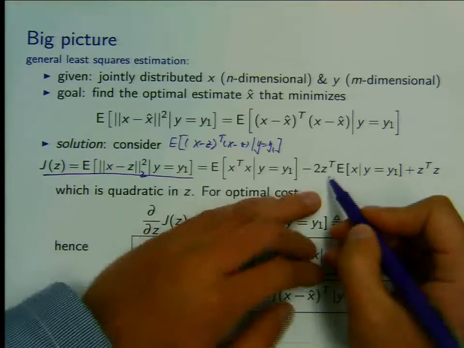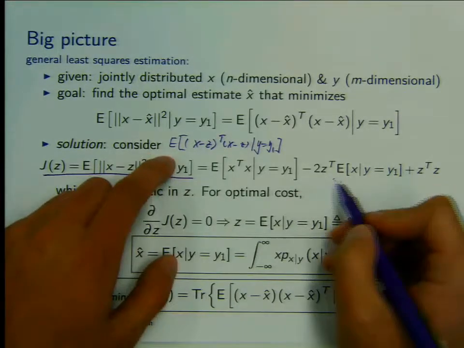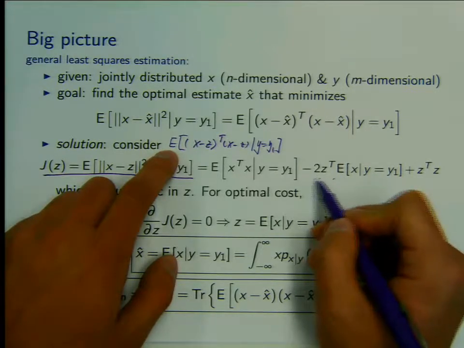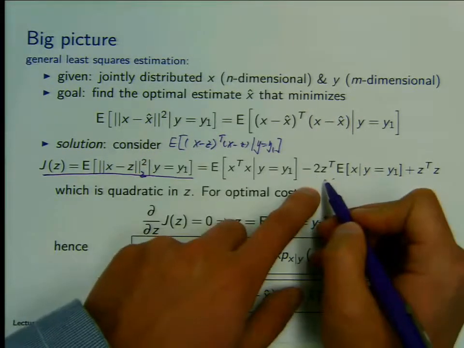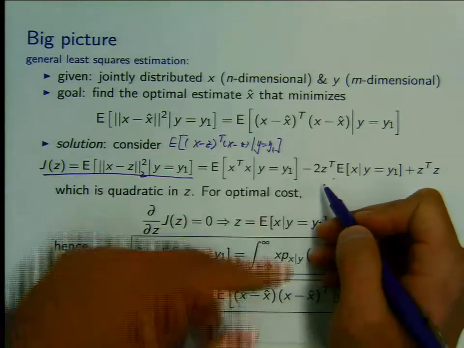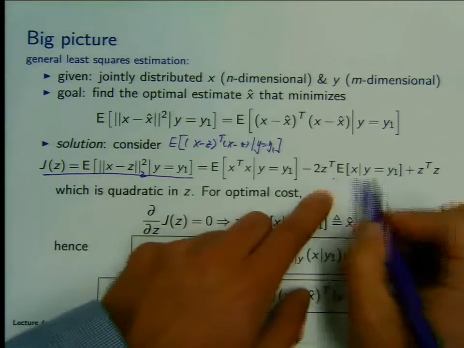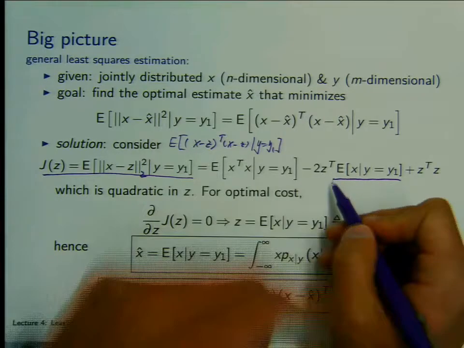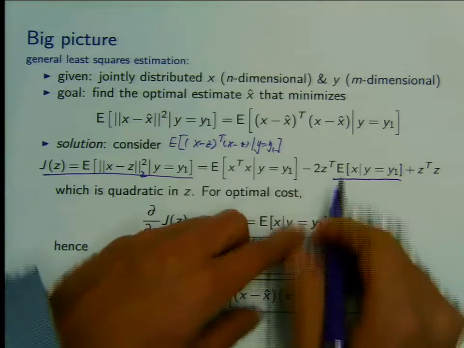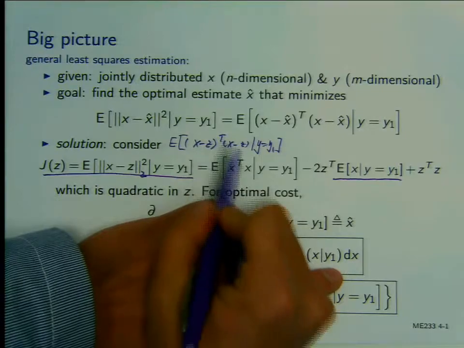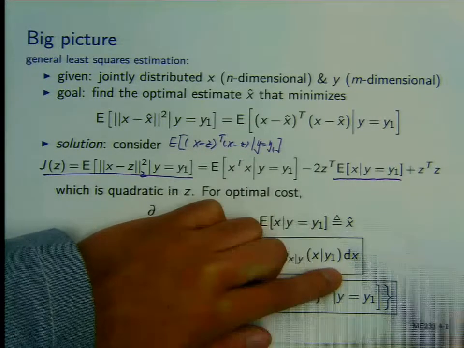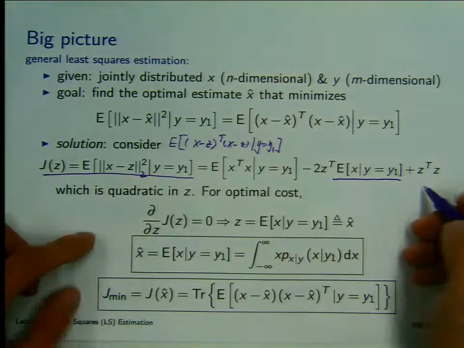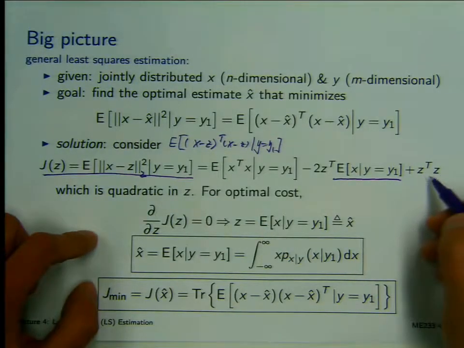Be careful here: I can take the expectation sign to be here instead of here, because z is not random. Z is the thing we can choose. X is random, so the expectation is on x instead of on z. The last term is z transpose times z, and as I told you, z is deterministic, so the expectation of this term is itself.